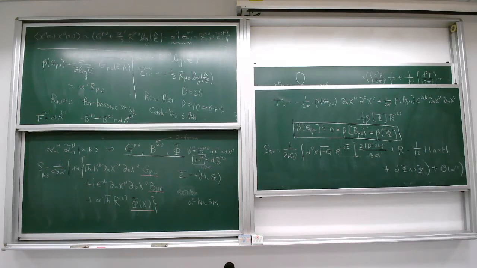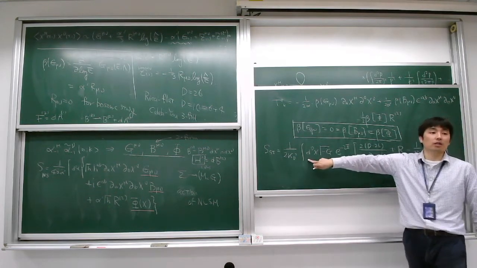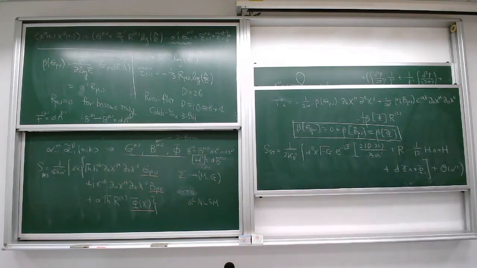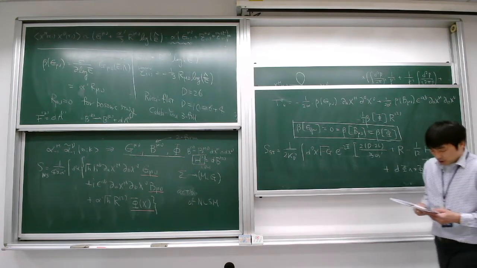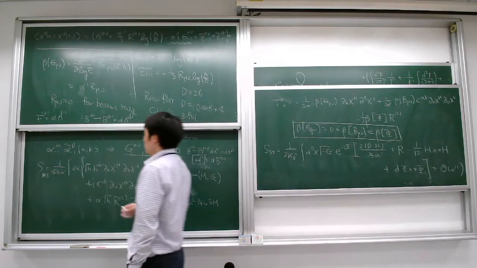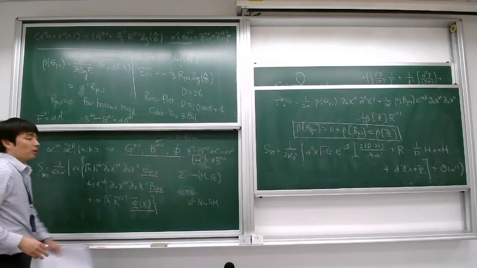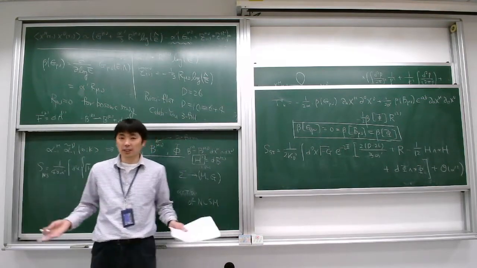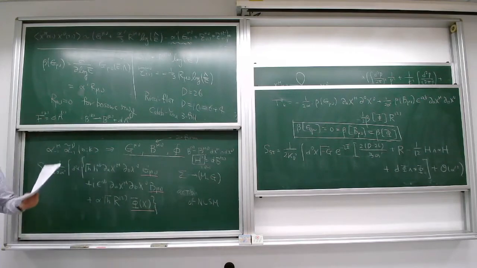So this is the space-time action, as you can see. So this is a D-dimensional integral. And if you take the equation of motion for this space-time action, that's equivalent to the beta function vanishing. So there is a one-to-one correspondence between this worldsheet action and the space-time action. The physics has to be the same when you look from the space-time viewpoint or the worldsheet viewpoint.